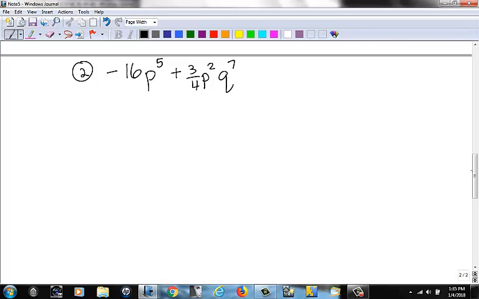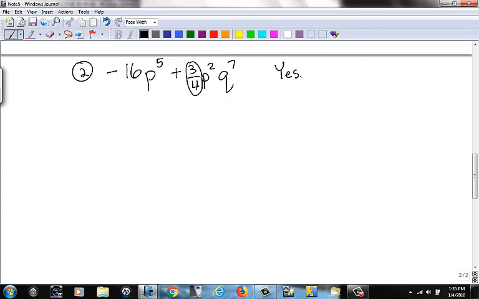Each monomial is a number or a variable or an indicated product of a number, and are all these exponents positive? Yes. This is a polynomial, so this would be yes. It's okay if the number in front is a fraction. What can't be a fraction is the exponent, okay? So this one would be yes.